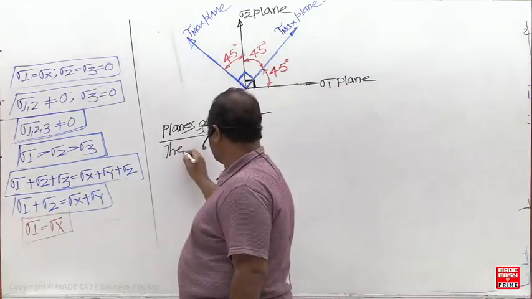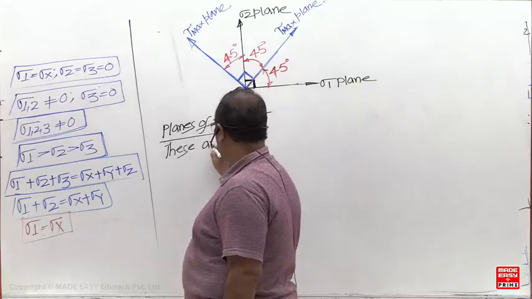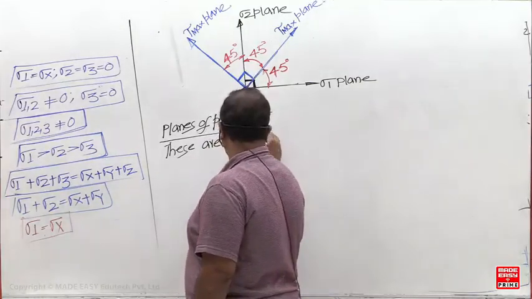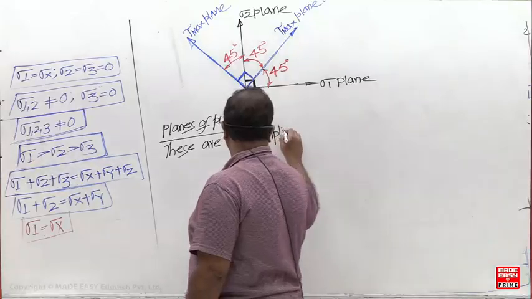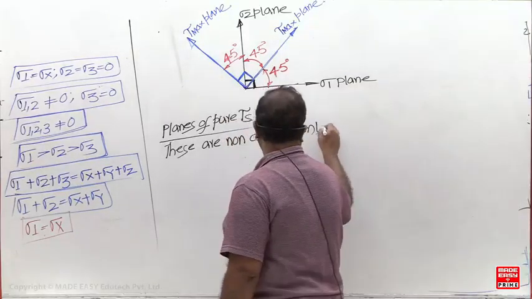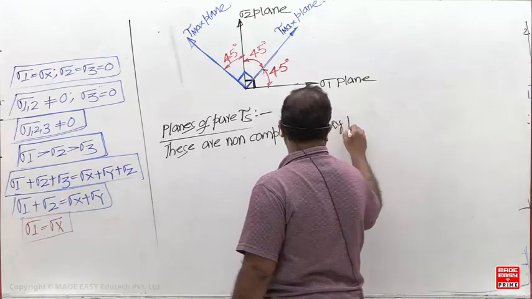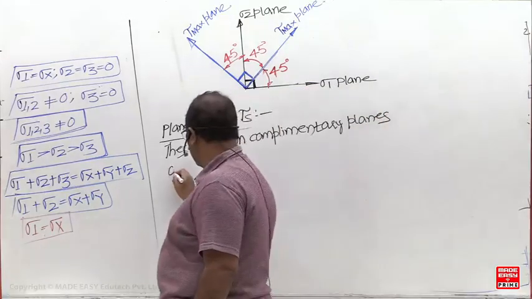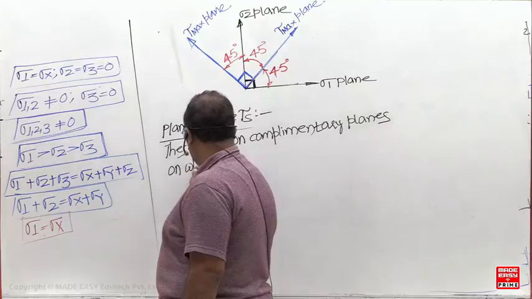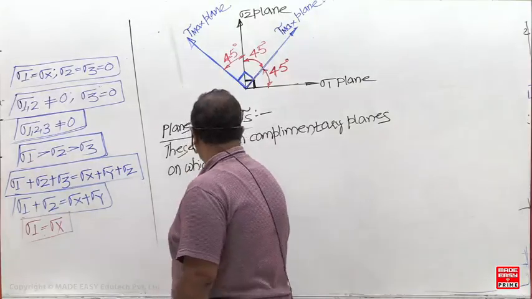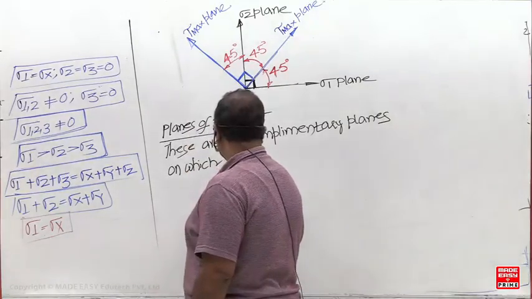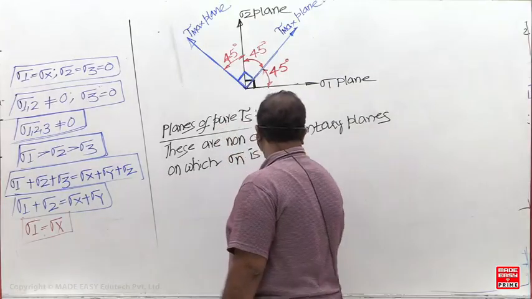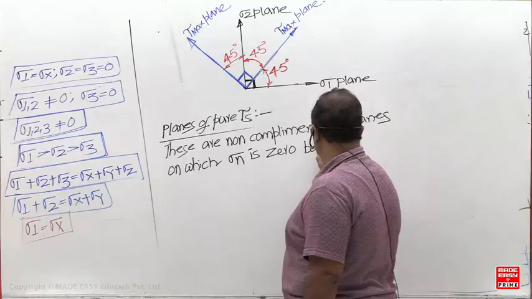These are the non-complementary planes on which normal stress is 0, but shear stress is non-zero.